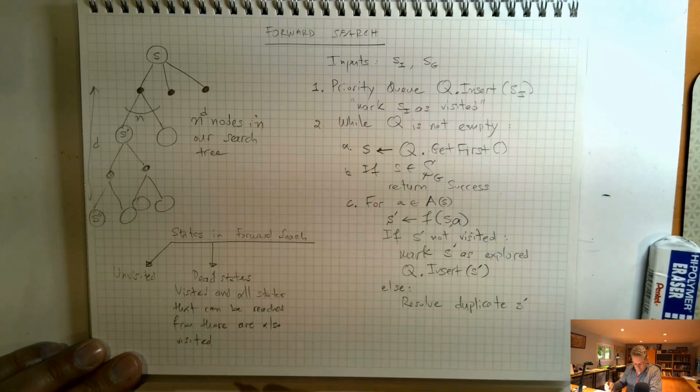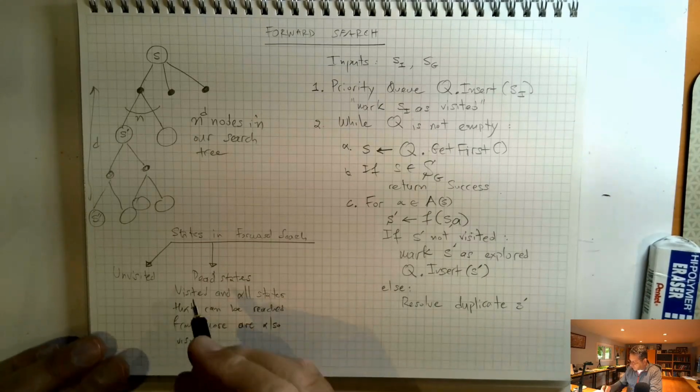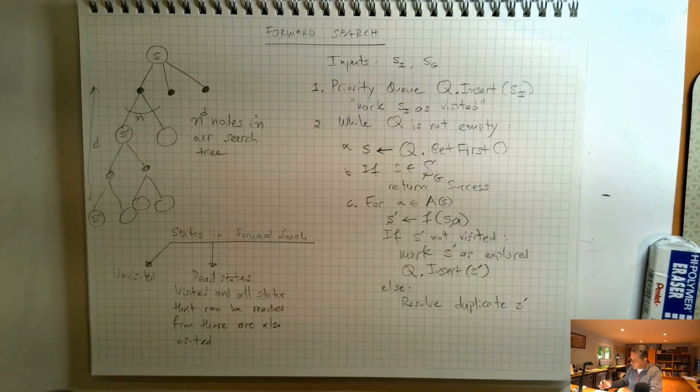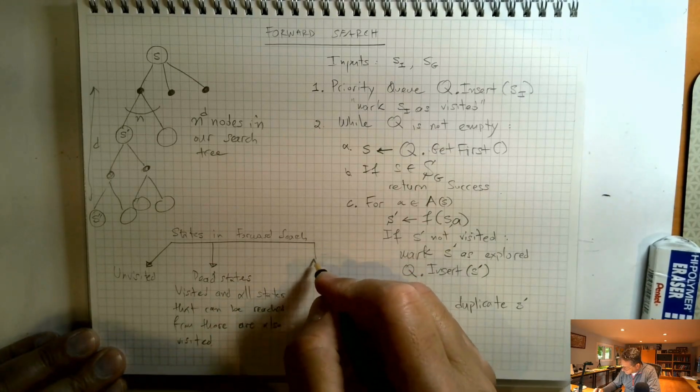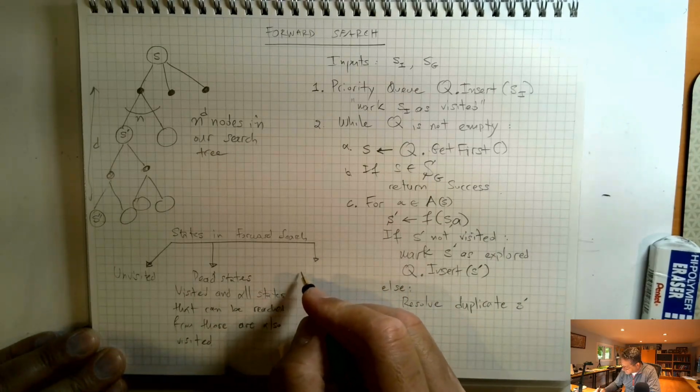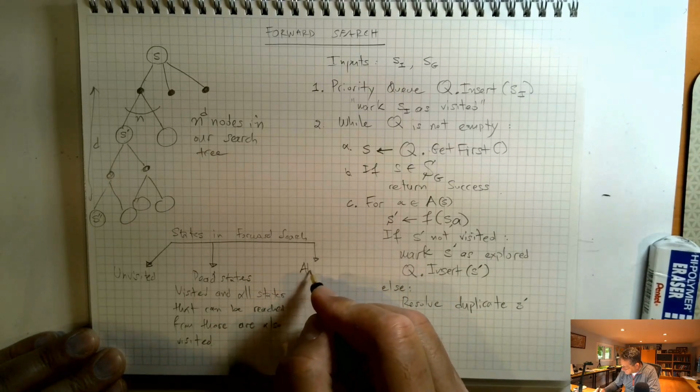In other words, they are called dead because they cannot contribute anything to the search procedure. And this is the third category. As you can understand, we call them the so-called alive states.